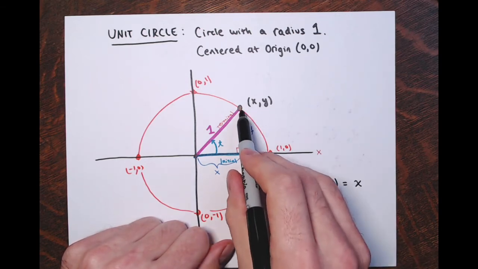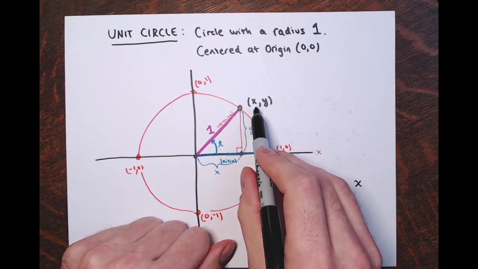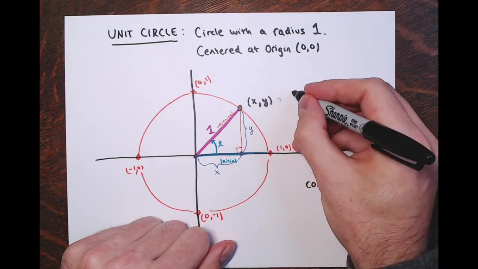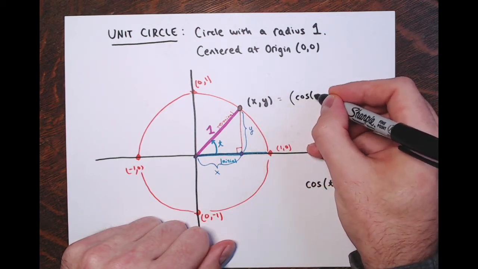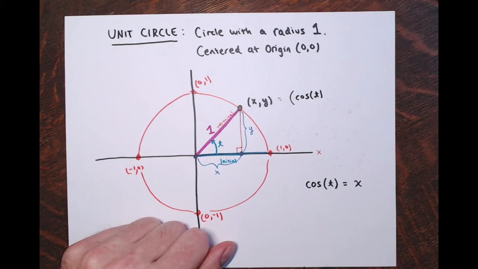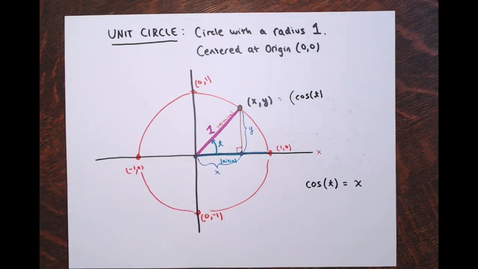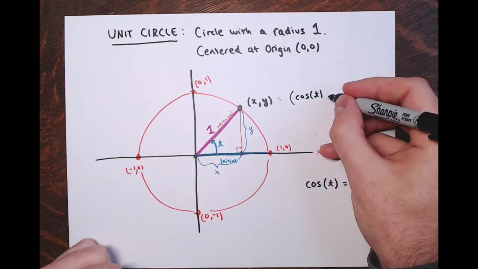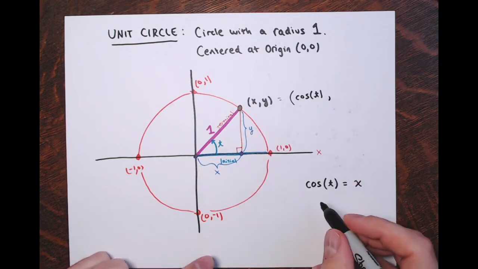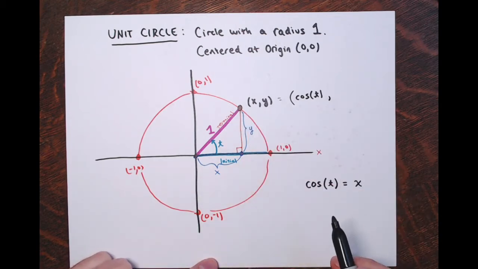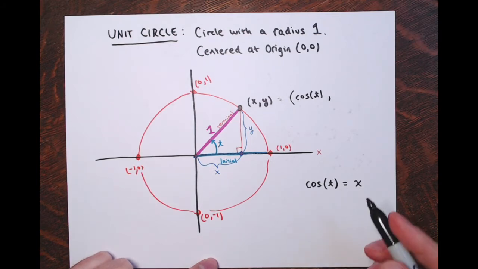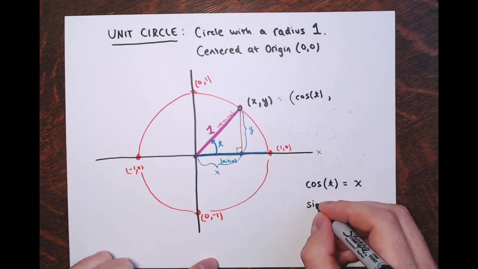So the x coordinate of the point that I stop at is just the cosine of the angle that I traveled, the amount of turning I made. That's why I started with cosine, because it's related to the x coordinate of the point that I stopped at.